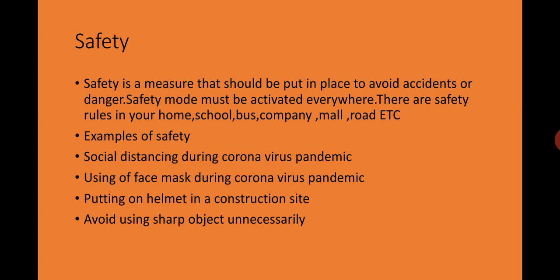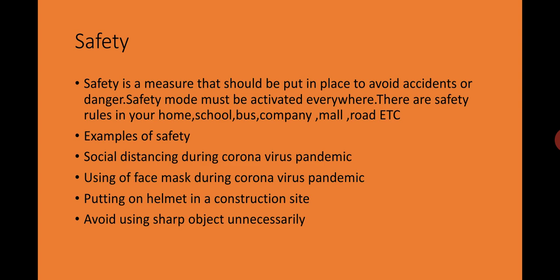Preventive is when you completely do not allow it to get damaged at all, before you put in an act of maintenance. Safety. Safety is a measure that should be put in place to avoid accident or danger. The first one was talking about damage. This one is talking about accident or danger. Maintenance talks about avoiding damage. Safety is talking about avoiding danger and accident. Safety mode must be activated everywhere.